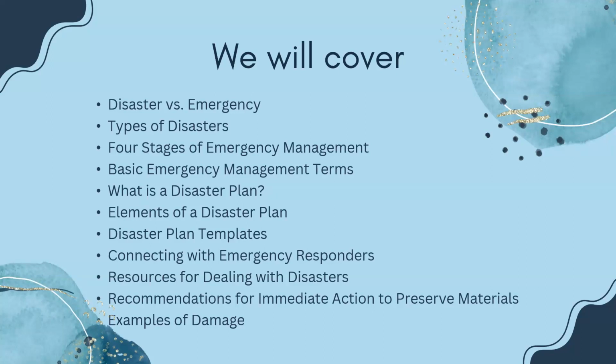Essentially, it's a Word document that you can plug in what you want, but sometimes it's nice to have another type of form that you can have, see all the different elements that you might need and cherry pick what you want. And then how to connect with emergency responders, resources for dealing with disasters, recommendations for immediate action to preserve materials, and then some examples of damage.